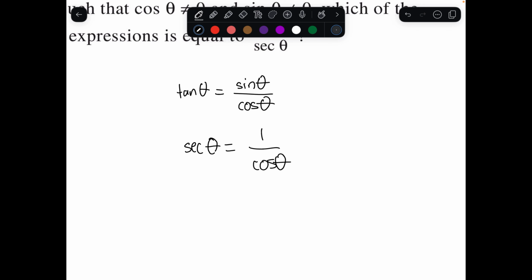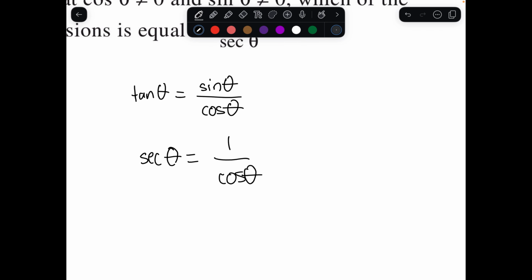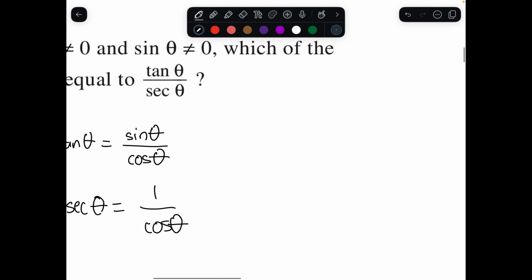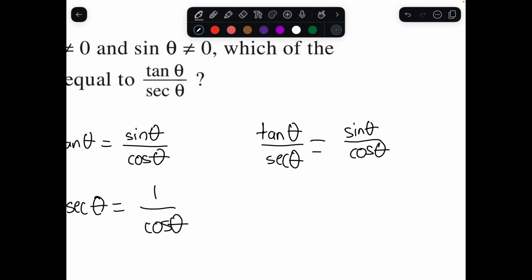It's a reciprocal of cos theta. So now we can rewrite tan theta over secant theta as sine theta over cos theta, all over 1 over cos theta.